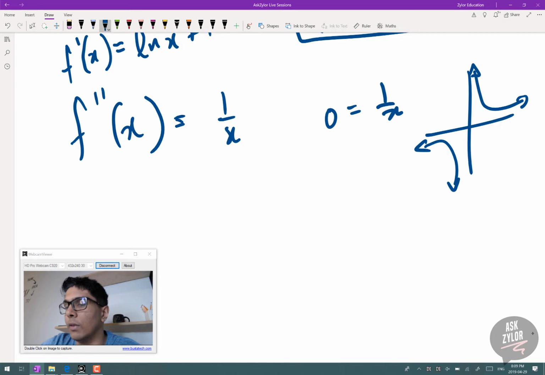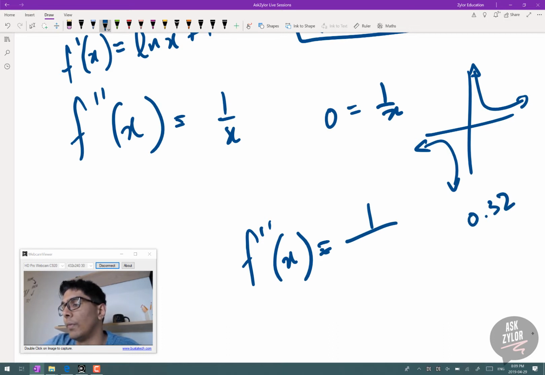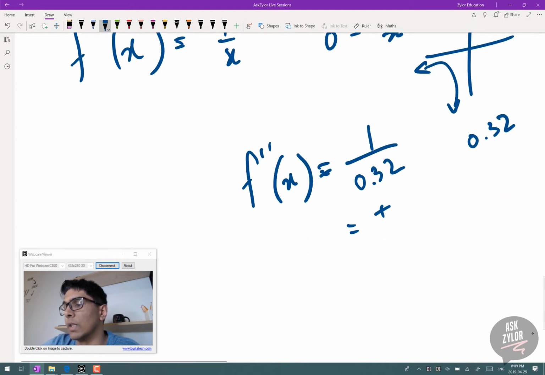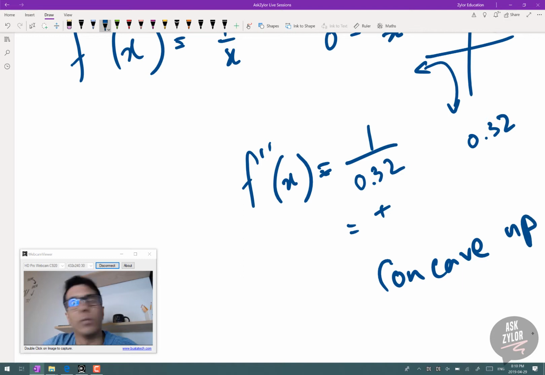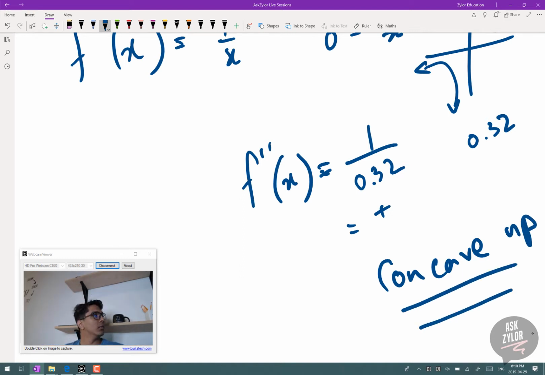So if I plug a value, let's say 0.32, into my second derivative, I'm going to get a positive value, which means my function is always going to be concave up.